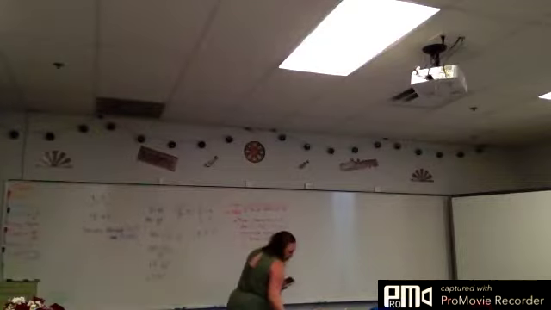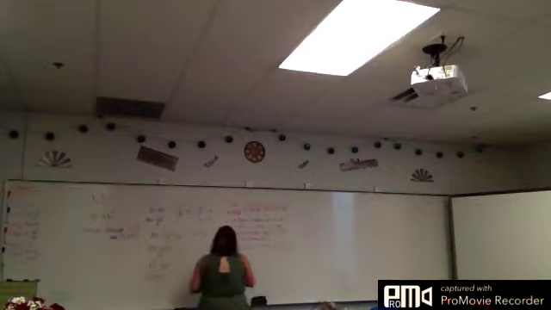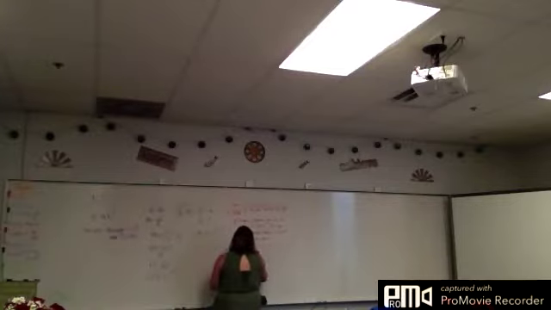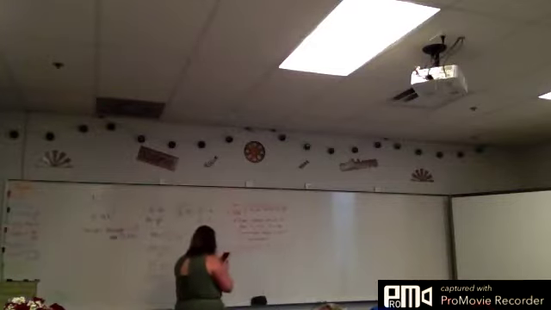Just round to one decimal. 2.5. So this is X, this is ln Y, I'm labeling it that way. If I put in ln 16, what do you get? 2.8. Okay, ln 25.